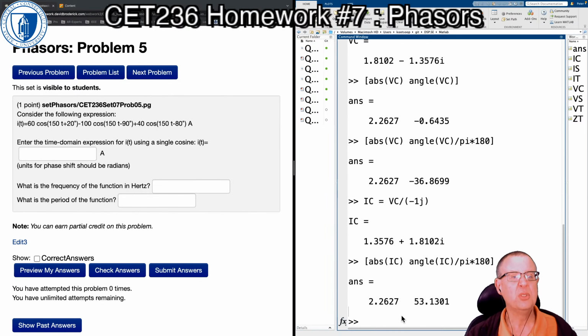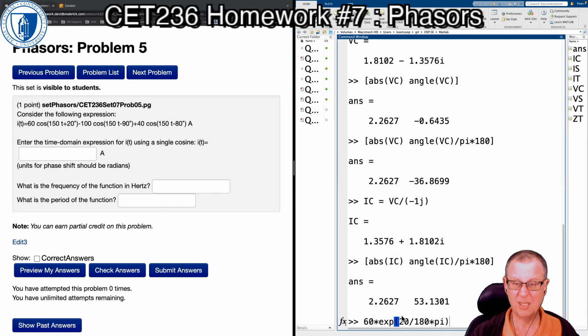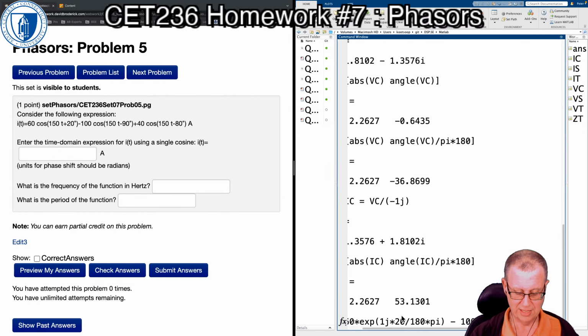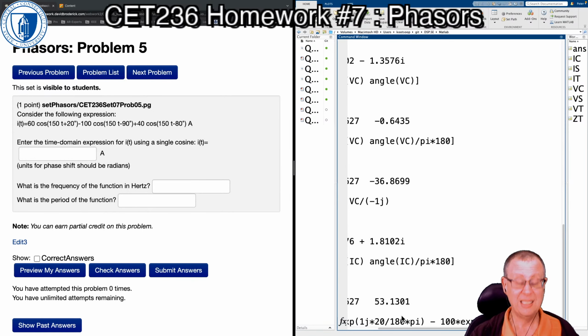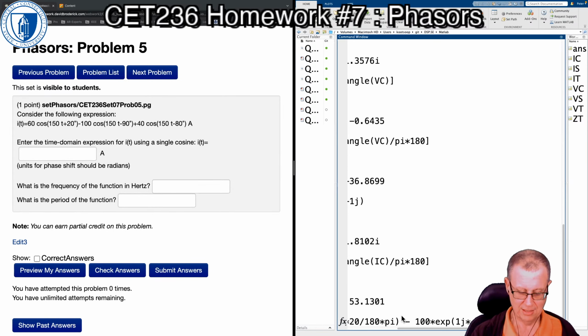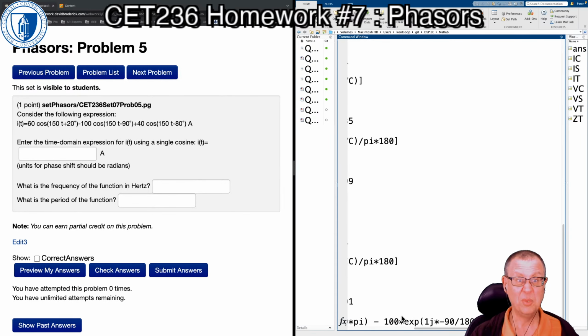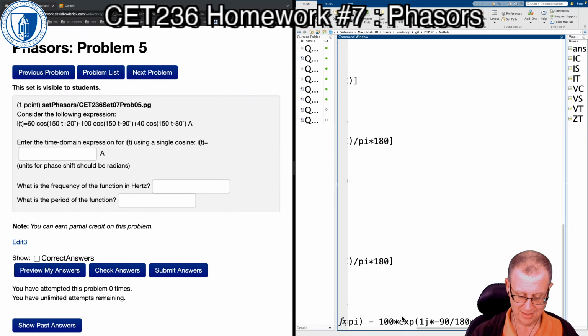So that is going to be 60 times exponential, 20 degrees on 180 times pi, and I need a 1j in there just to make it work properly, and then minus 100 times exponential 1j times minus 90 on 180 times pi, and plus 40 times exponential 1j times minus 80 on 180 times pi.